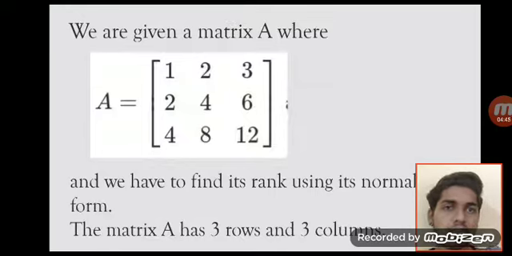For example, we are given a matrix A where A is equal to first row 1, 2, 3, second row 2, 4, 6, and third row 4, 8, 12, and we have to find its rank using its normal form. The matrix A has 3 rows and 3 columns.